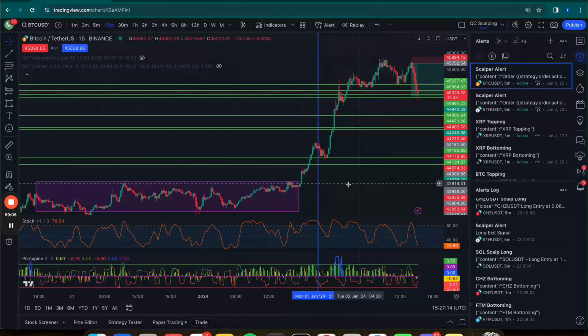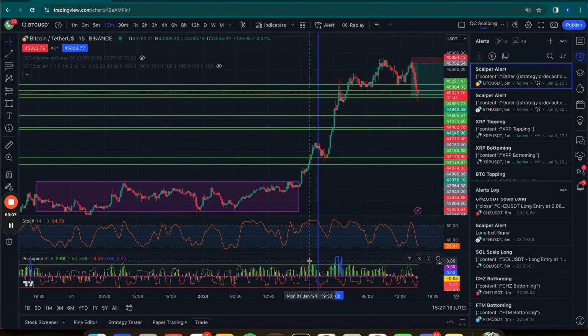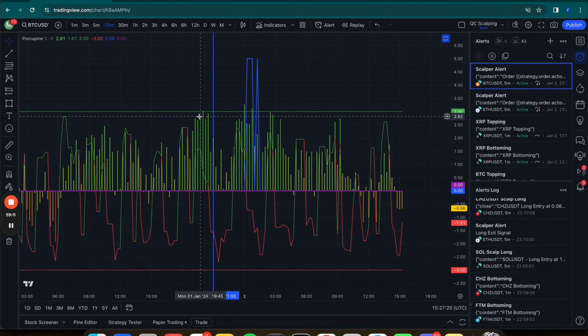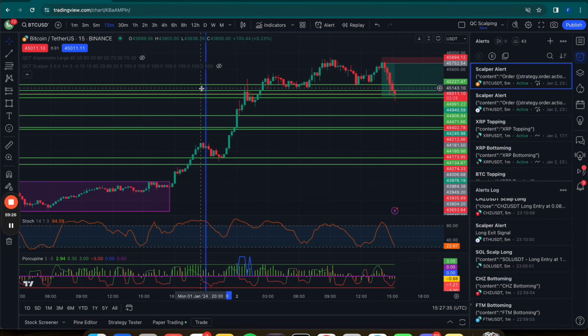The 15 minute has been topped out all the time, not working. However, when you look at the score, you see that it has been increasing all the time, whereas the stochastics have just been topped out, because they have nowhere else to go. When you take the overall score of those time frames, it was still increasing, and then it started decreasing. And when it started decreasing, what did the price do? Started decreasing, right?